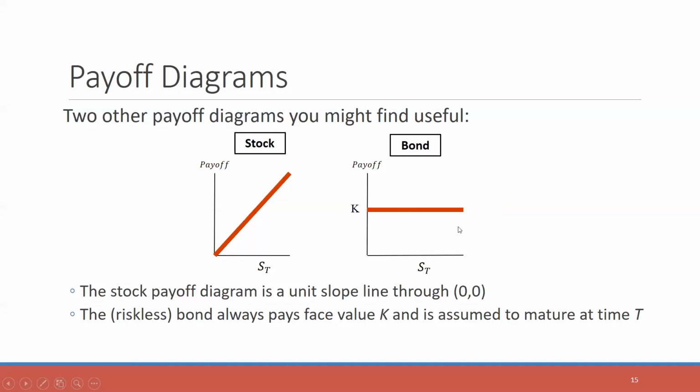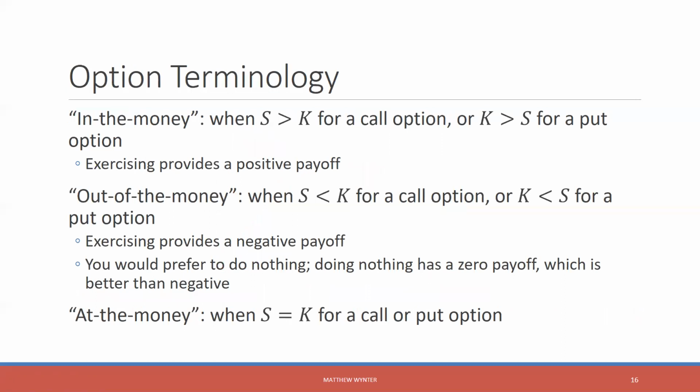Okay, we're going to use those payoff diagrams later when we figure out the correct way to price stock and the correct way to price a call option. So let's go through a bit of terminology. We say that the option is in the money for the call option when the value of the stock is above the strike price. Remember, you want to buy low.